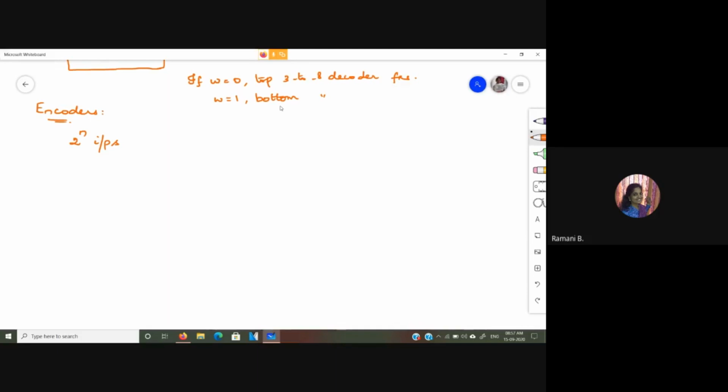The same that applies with decoders, and you can have n outputs. So you have 2 power n inputs and n outputs. Okay, this is going to function reverse of decoder.